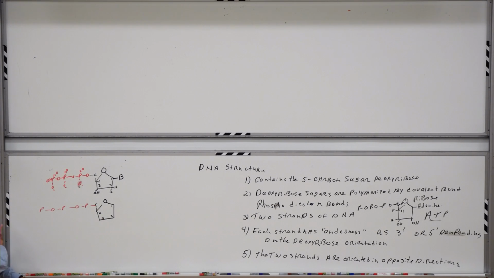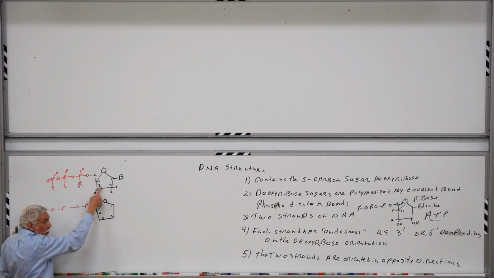Right now, I'm going to do this by waving my hands. A little later, we're going to show how an enzyme does this trick. But the enzyme is going to be something known as DNA polymerase. And what the DNA polymerase will do is it will come in and it will recognize the triphosphate on this number 5 carbon. And it will recognize the hydroxyl on the number 3 carbon.